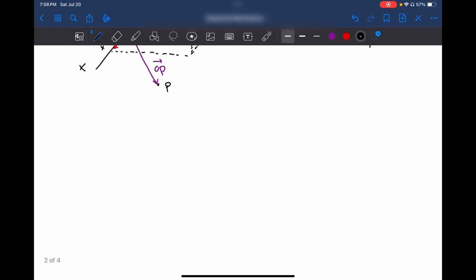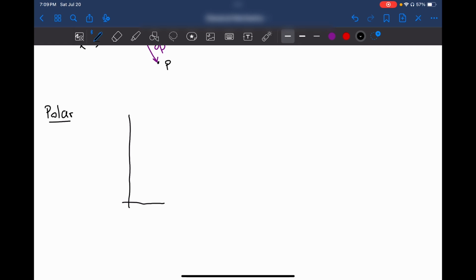All right, so moving into polar coordinates, instead of describing the location of our point P with three coordinates x, y, and z, we're instead going to use three coordinates r, theta, and z. So I have my point P here. I can drop its projection down into the xy plane, so this is still z, x, and y.